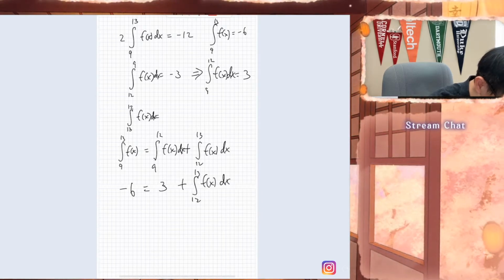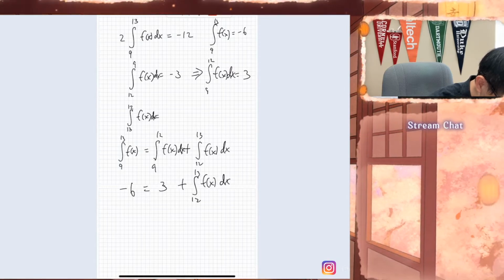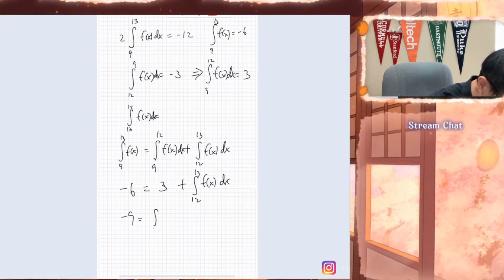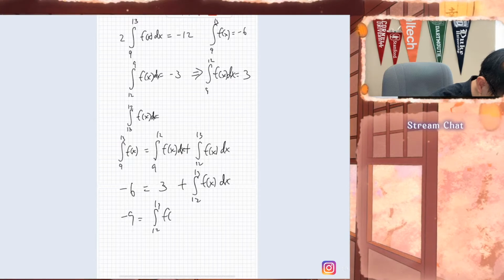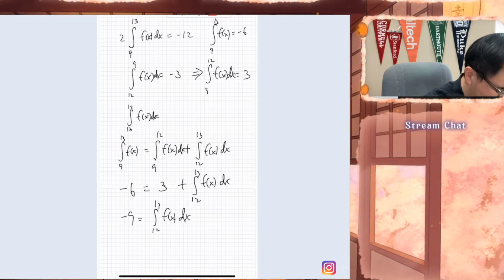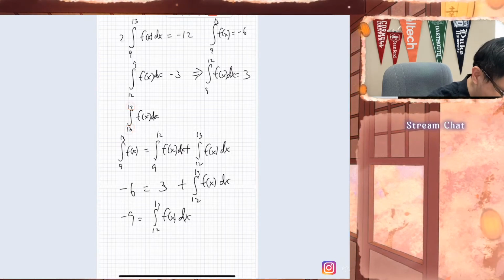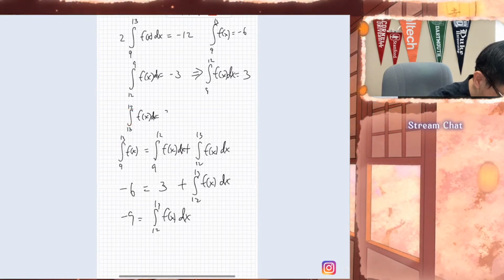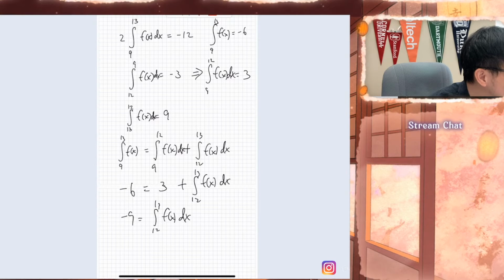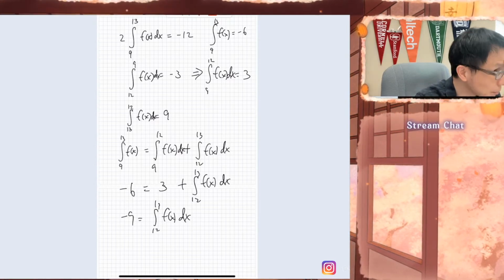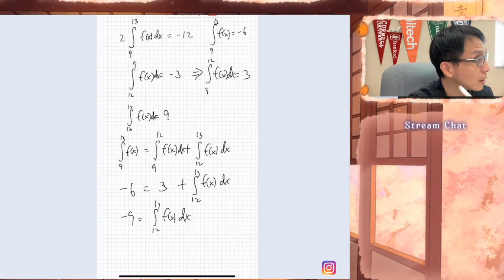You just have to reason it out. So that's going to be -9 is equal to the integral from 12 to 13 of f of x dx. But the question is asking from 13 to 12. So if it's 13 to 12, that must be 9, because it was -9, so I have to switch the sign to +9.